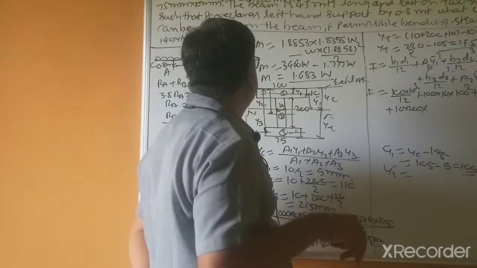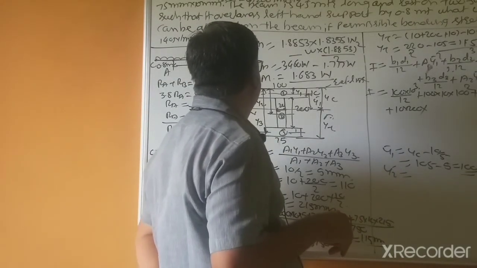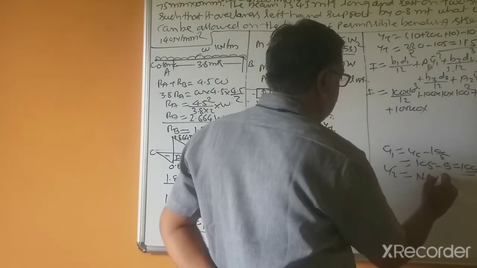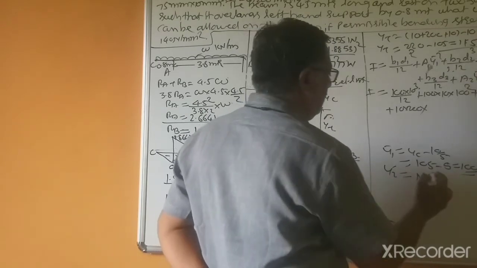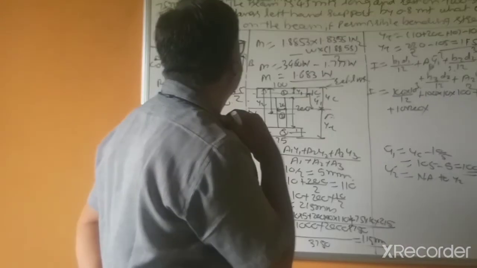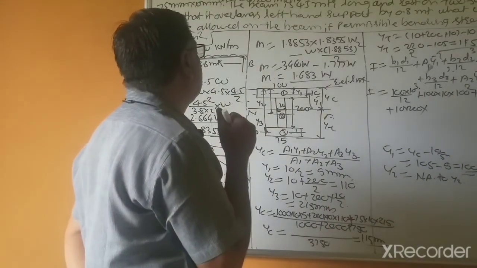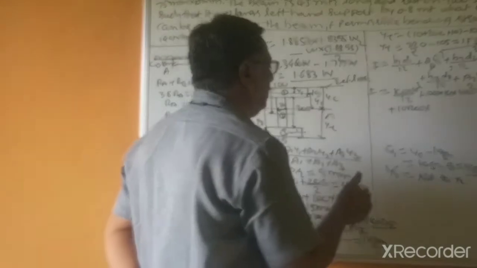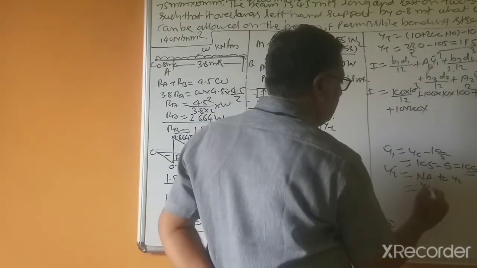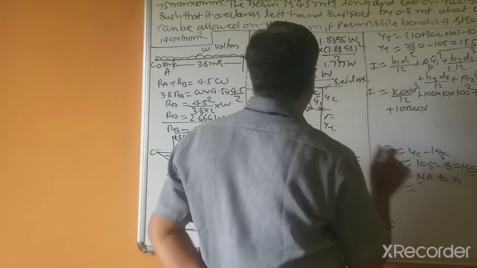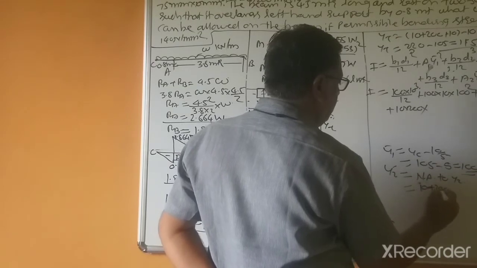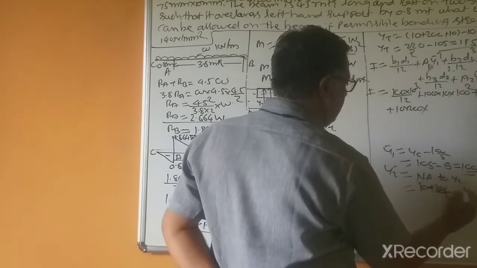Now from the neutral axis to the distance y2: this is yc, or this is 10 plus 200 divided by 2 minus yc.